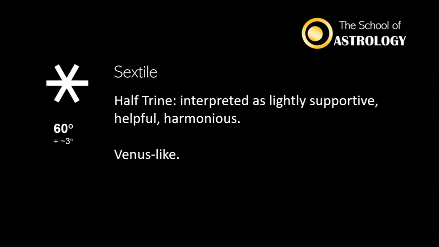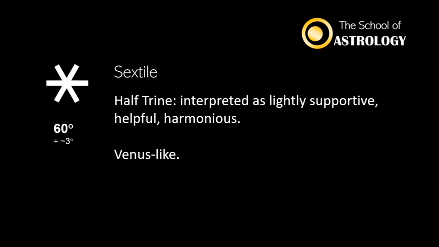Please don't use more because the aspect is already very small. So if we interpret between 57 and 63 degrees, this is already enough. It's actually half a trine and is interpreted as lightly supportive. And the trine would be extremely supportive and the sextile would be lightly supportive. So that's the difference.